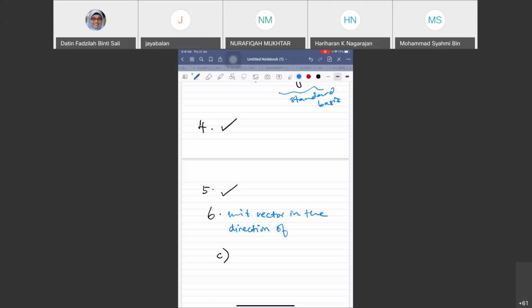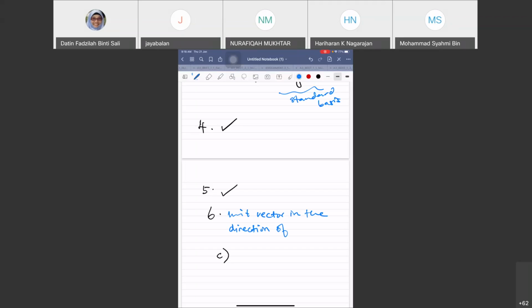So for C, you just need to find the magnitude of that vector V. This is straightforward, because this is just a vector V, only in the direction of V. So what is that answer? Square root 101. Okay, square root 101 is the magnitude.